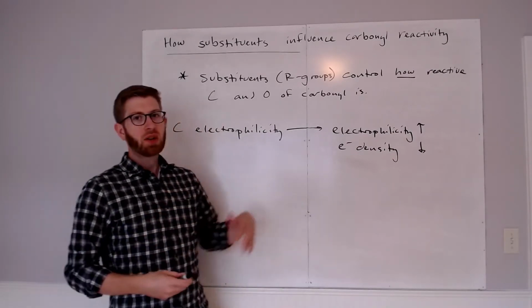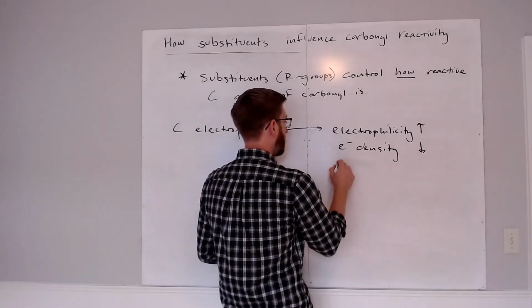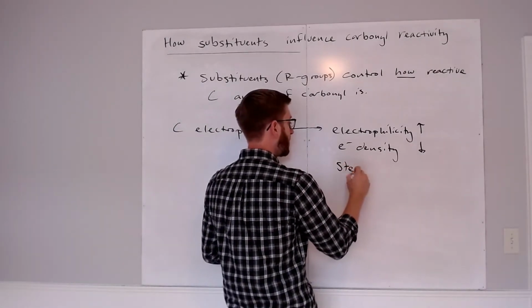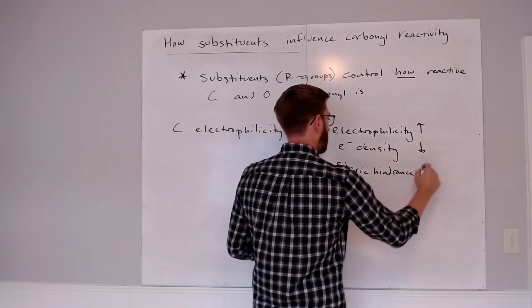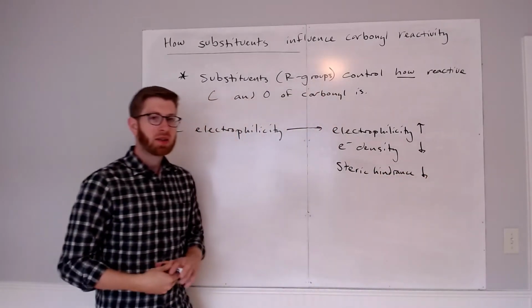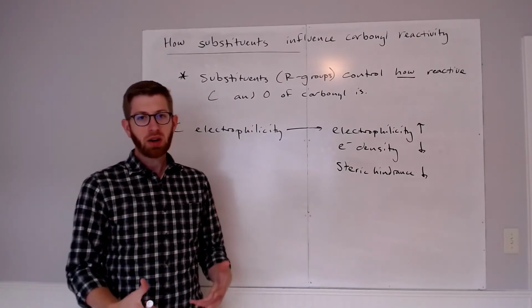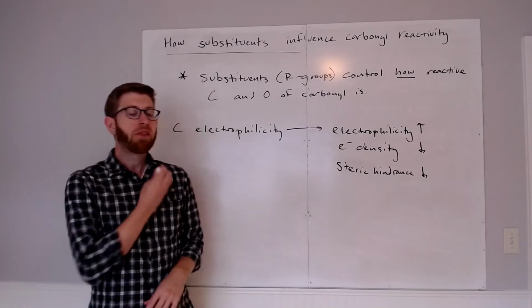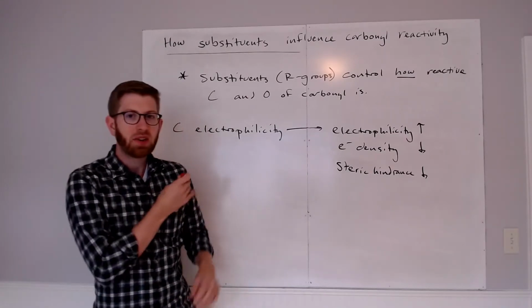So we also know that electrophilicity is going to depend to some extent on sterics. So we can also say that electrophilicity goes up as steric hindrance goes down. What we mean by that is that the groups that are nearby the carbonyl will tend to be smaller in better electrophiles.